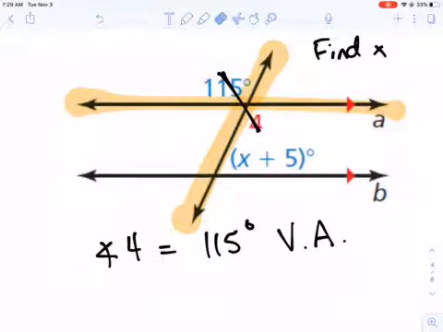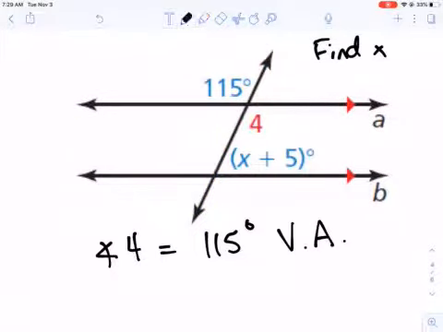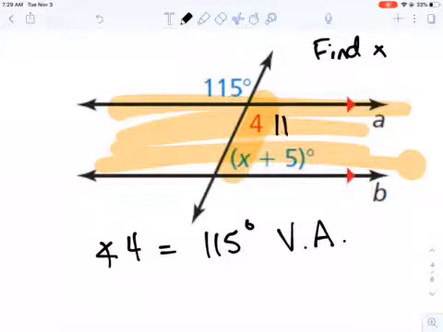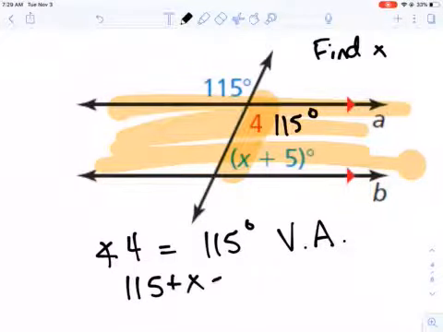But now if those are vertical angles, then I have same side inside. Same side inside adds to 180. We know this is 115 by vertical, so I get the equation 115 plus x plus 5 equals 180.